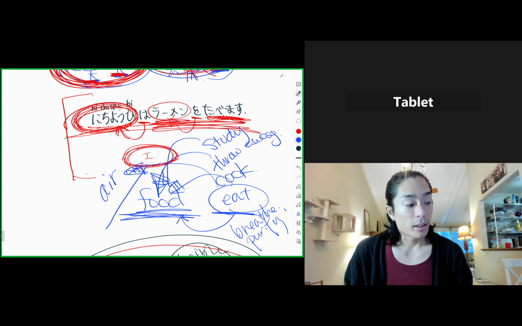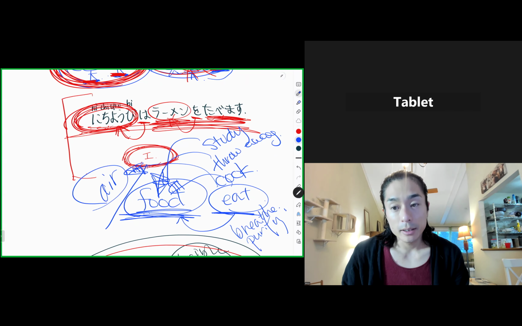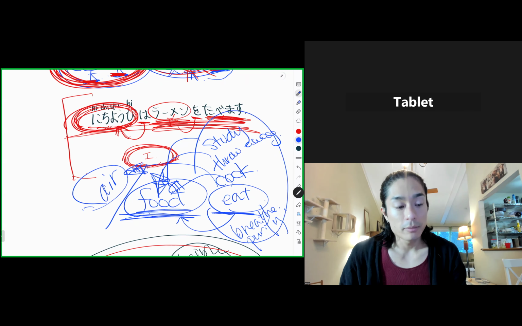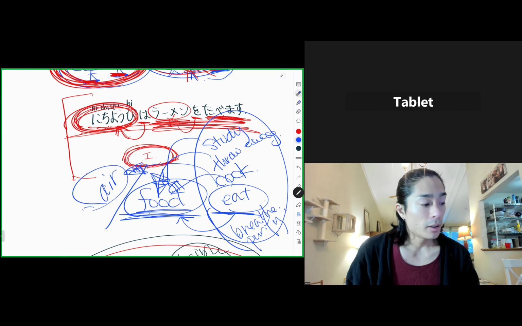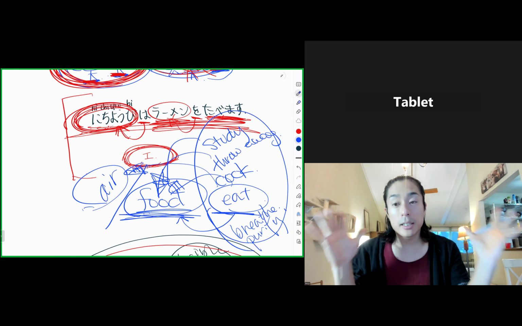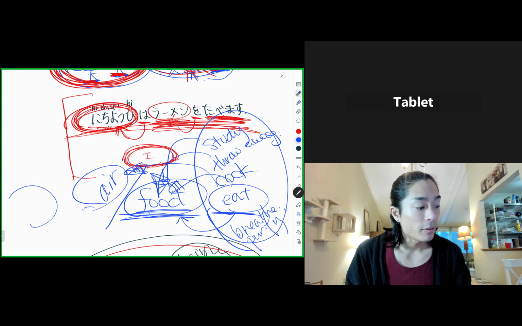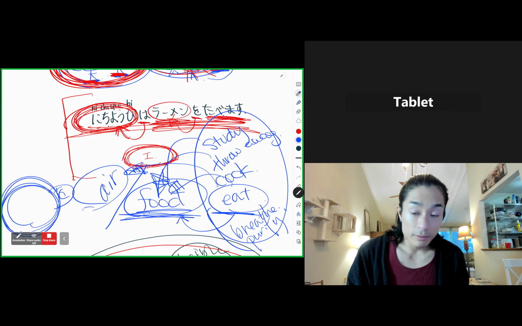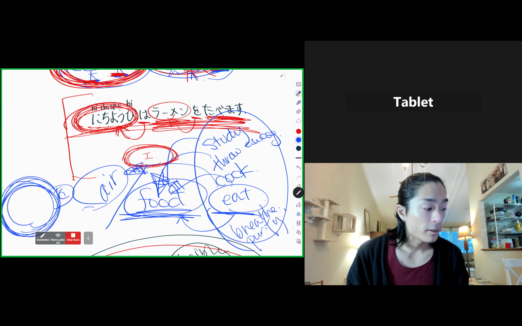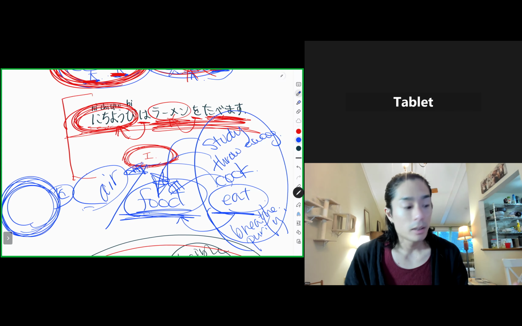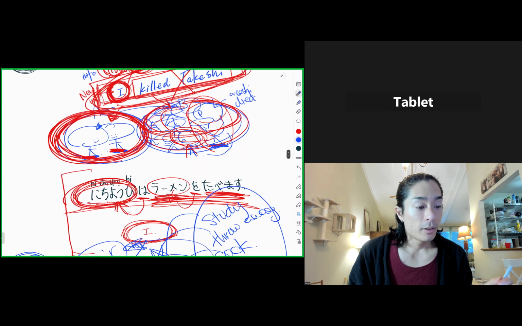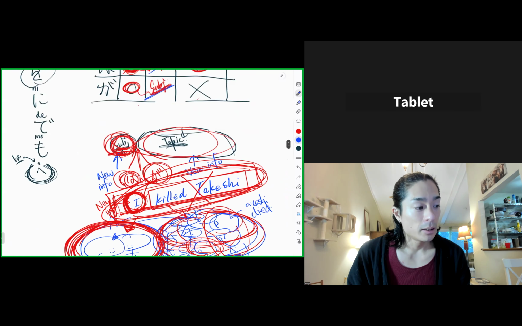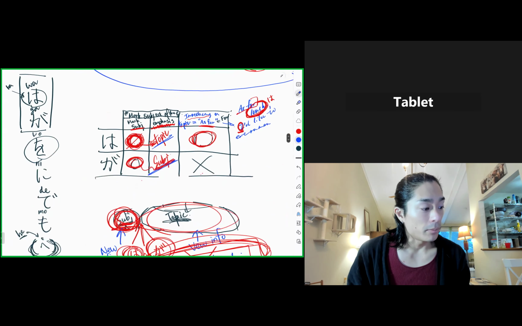So you can tell here too, anything can be an object, depending on what kind of verb you're using. That's the particle o. If you attach o to whatever noun, then you're making that noun the object of the verb, which is really important. So I don't want you to make mistakes.